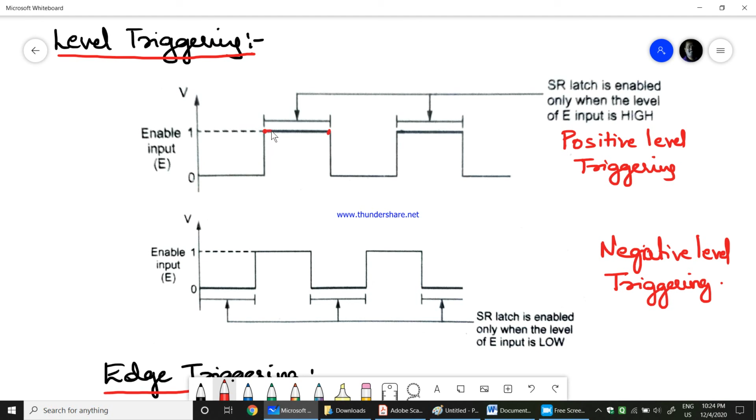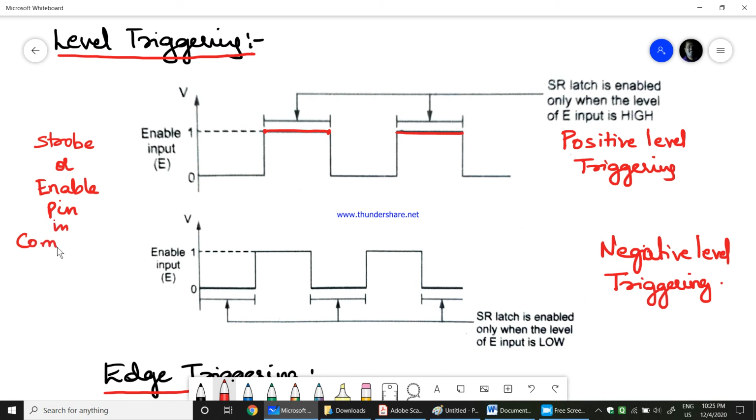So for every positive level, the circuit gets triggered. It means that the circuit gets triggered when a positive level of the pulse is obtained. Normally we see level triggering in the strobe or the enable pins that we saw in all the combinational logic circuits.